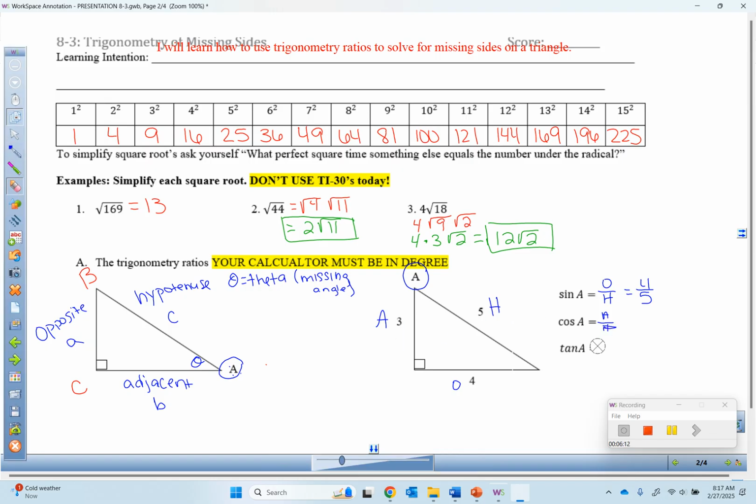Whoops, I'm going to fix my pen here. Adjacent over hypotenuse, so that's going to be 3 over 5. And my tangent does not have a hypotenuse involved. So that's going to be opposite over adjacent, which is 4 over 3. And we're going to talk about these in a little bit more detail. So if you're confused, that's okay.